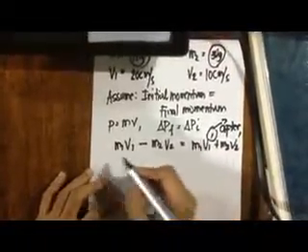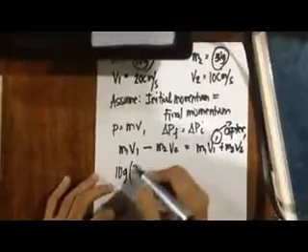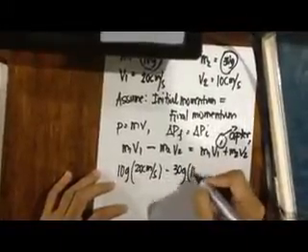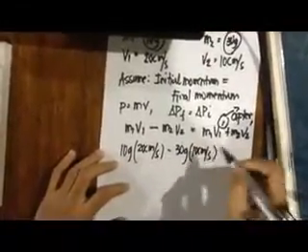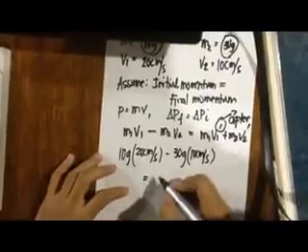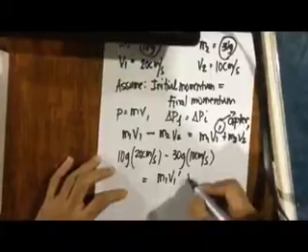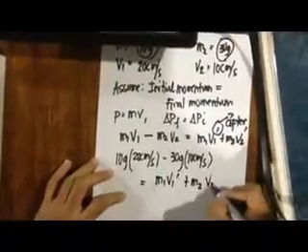Substituting the values, we have 10 grams times 20 centimeters per second, minus 30 grams times 10 centimeters per second, is equal to m1 v1 prime plus m2 v2 prime.